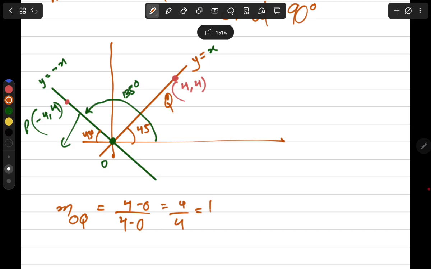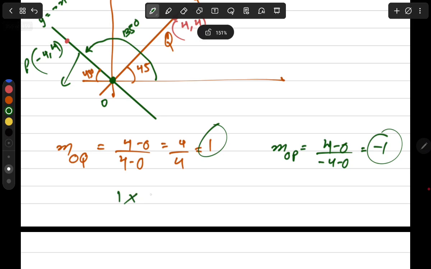And this green gradient between O and P is going to be (negative 4 minus 0) upon (negative 4 minus 0), which is going to be negative 1. So the product of these, 1 times minus 1, is always going to be negative 1.